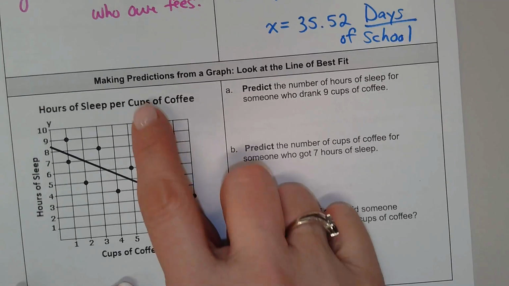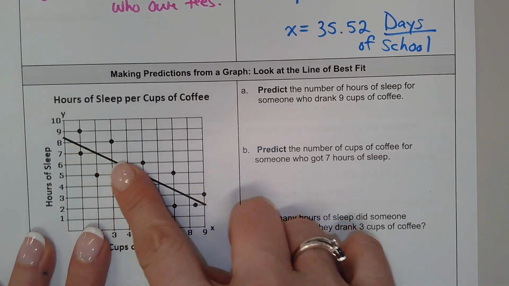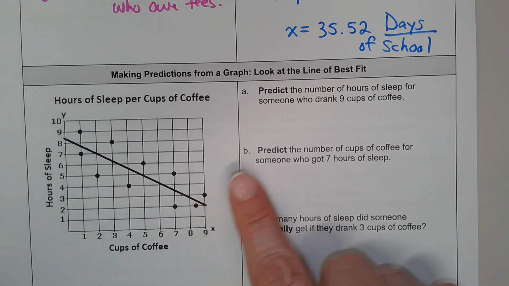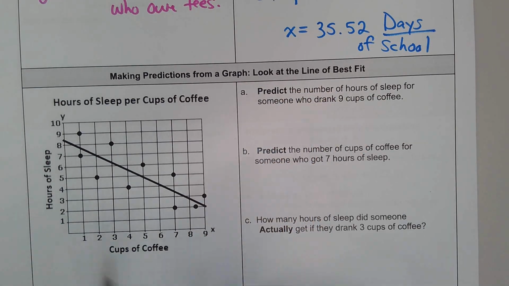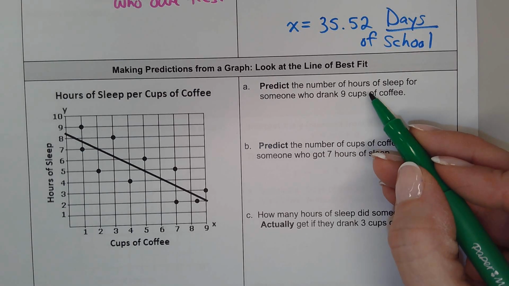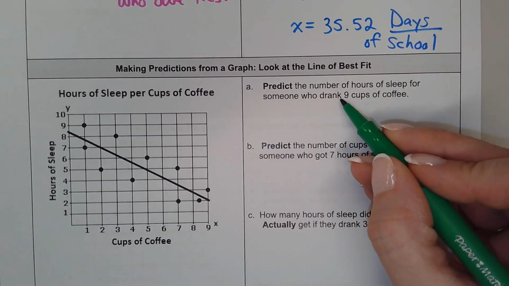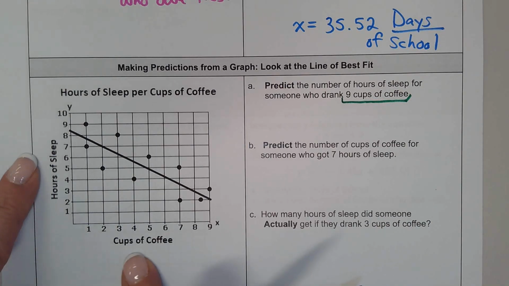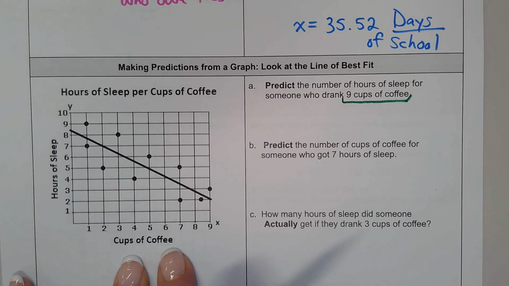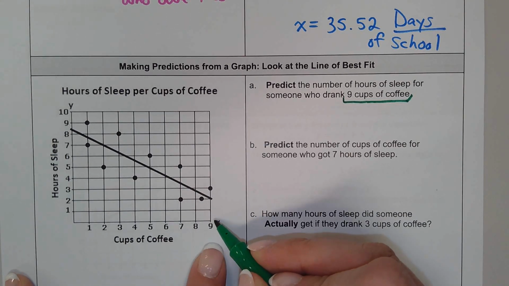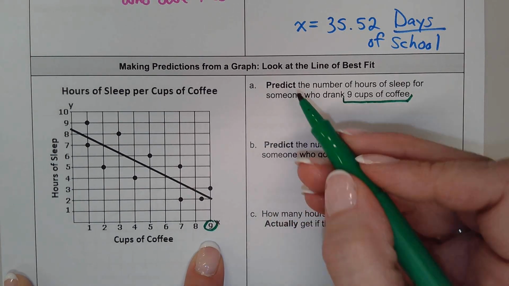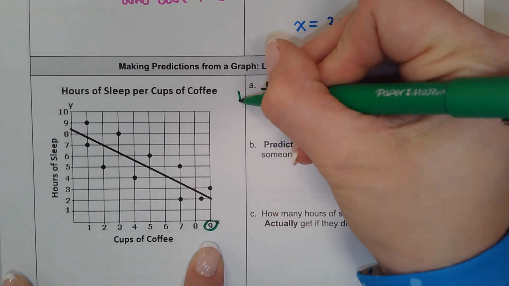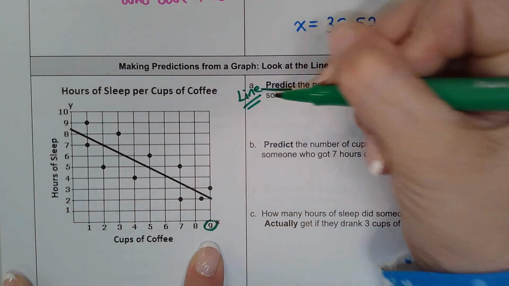Okay? You can also make predictions from a graph if the graph is really nice. Okay? So let's take a look at this graph. We're going to predict the number of hours of sleep if they drink 9 cups of coffee. So let's go to cups of coffee, which is our x, and we're going to go to 9. Now when it says predict, we look at the line of prediction.